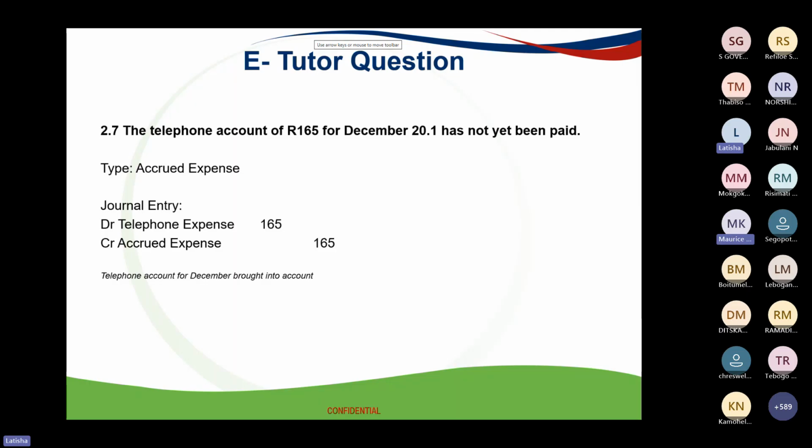That sentence indicates that we haven't recorded this transaction yet in our trial balance, and they've given us the amount. Our year is January to December, so it's correct that December has not been recorded, which means we have to now record December. That is why we debit the expense of 165 Rand to record it and credit accrued expense because it has not been paid yet.